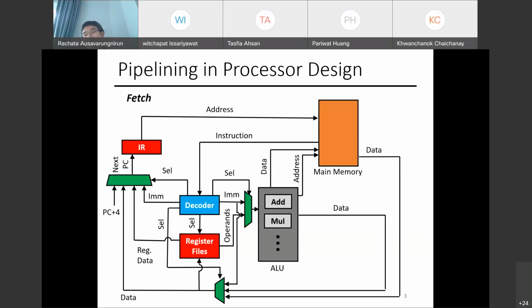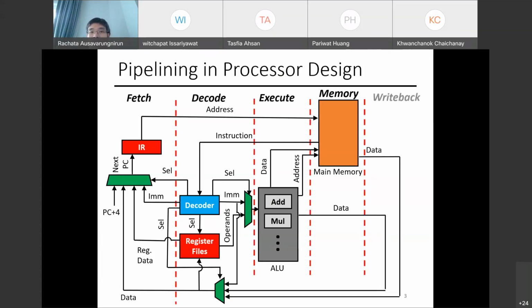method from last week, where we can fetch, decode, execute the instruction, handle the memory, and then write back, right? And as we can see here, if you want to pipeline, it means that you have to process 5 instructions at the same time across these 5 stages. So what are the key issues?